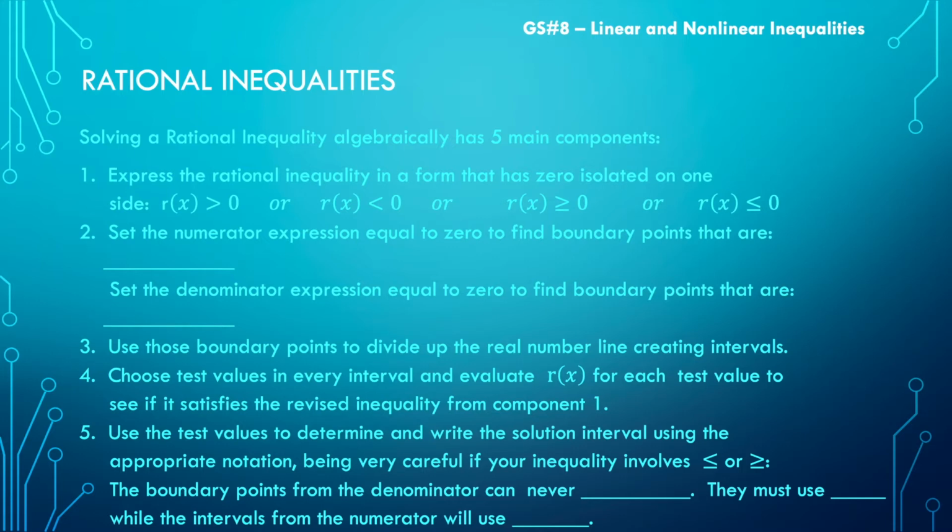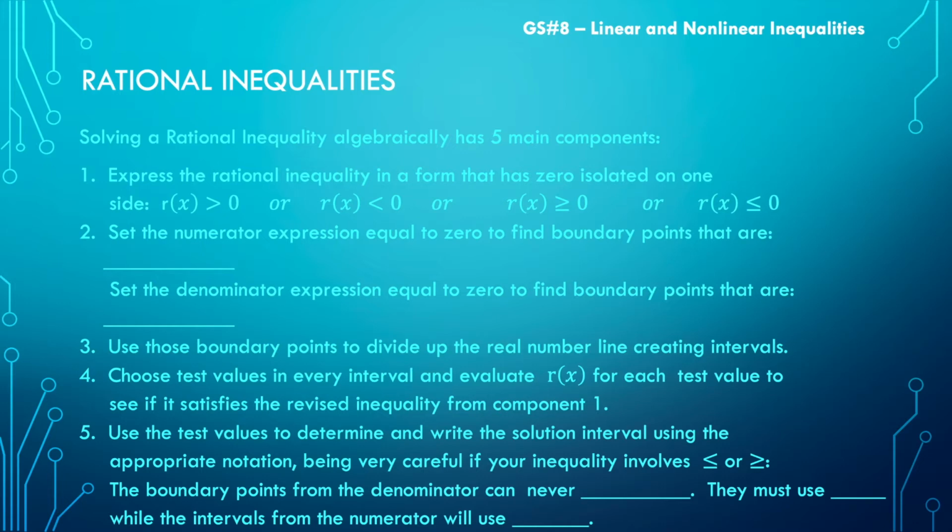Now, a rational inequality will be an inequality that has an expression that has a variable in the numerator and the denominator. And so you're going to first do exactly what you did before. You're going to relate that inequality to 0. And then what you're going to do is take that numerator expression and set it equal to 0 and solve for x there.